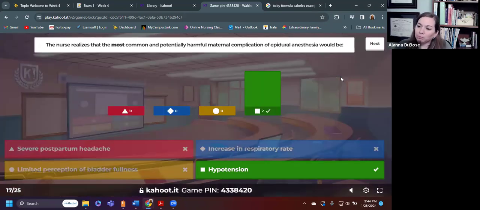A couple of those could be side effects of epidural, but they're not the most common or most potentially harmful. Hypotension, what happens? Why is this potentially harmful if the mom gets hypotensive following an epidural procedure?